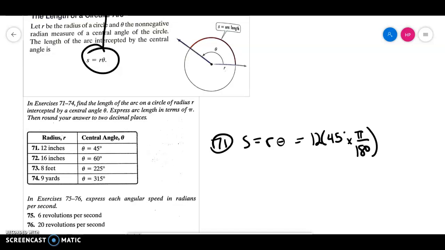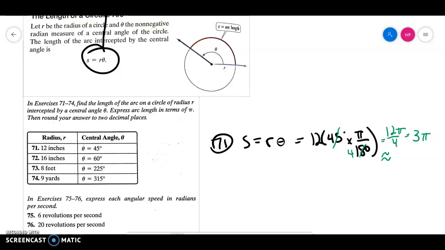So as much as I love to leave things in terms of pi, and we did look at this before, you are allowed to just put this into your calculator and find it in a decimal, rounded to 2 decimal points. But we did this once already. This 45 and 180, that actually becomes 1/4. So this would be like 12 pi over 4 or 3 pi. And so then as a decimal point, bust out my calculator.